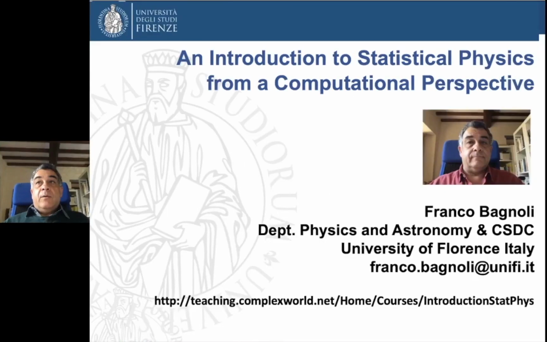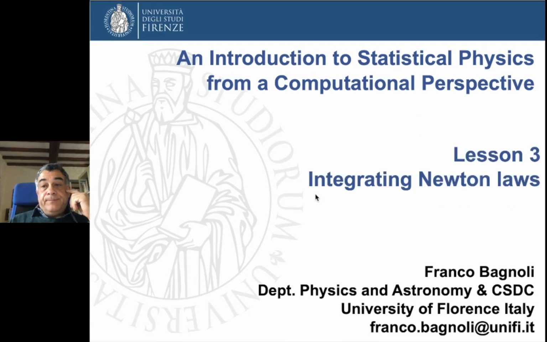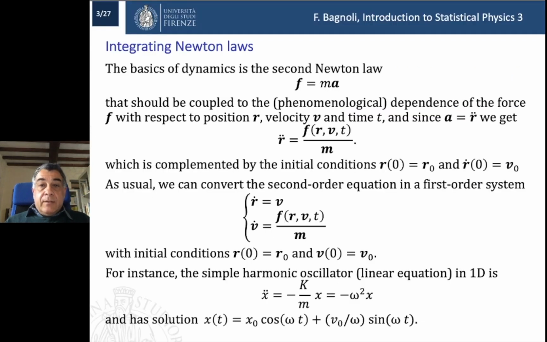We are now dealing with the idea of integrating a Newton law, and this is the first step in our path, to follow and compute the evolution of a system possibly composed of many particles, but really we start with the simplest model, which is just one coordinate of one particle.